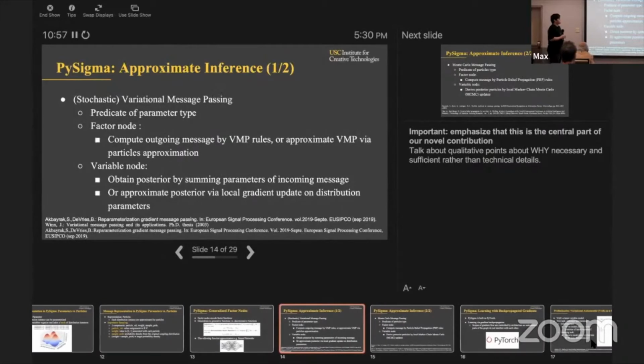The third thing, which is very important and one of our major contributions here, is to propose a generalized message passing algorithm. There are lots of technical details, so I'm not going to go deep into them. If you are interested, please check out our paper. But basically, there are two modes of this generalized message passing algorithm. The first way of doing it is the so-called variational message passing. The idea is that in the simplest mode, the messages being passed are the natural parameters for exponential family distributions.